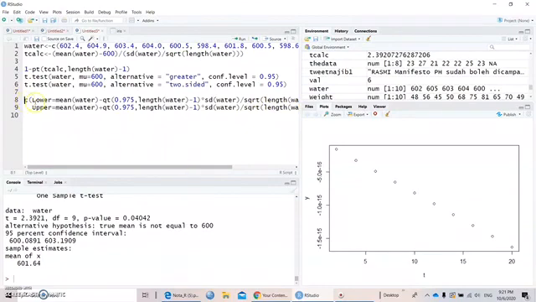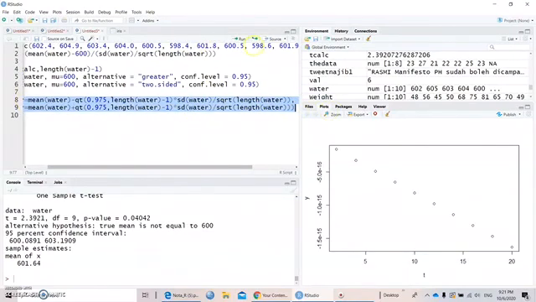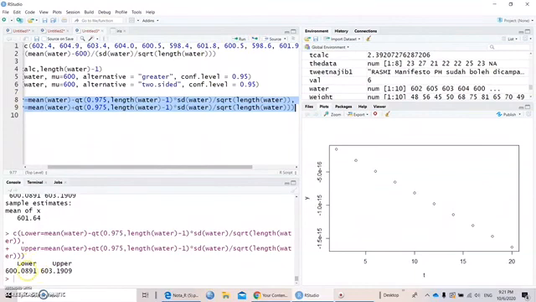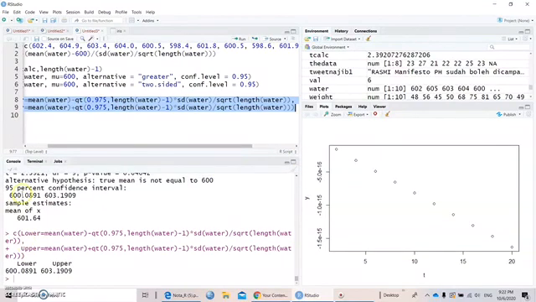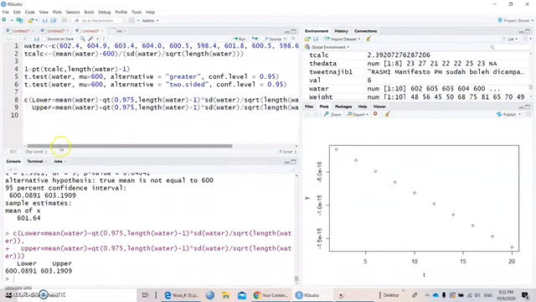If I run this one, I will get the lower and the upper limit. Actually this value is the same as the value you obtain by using the t.test function.